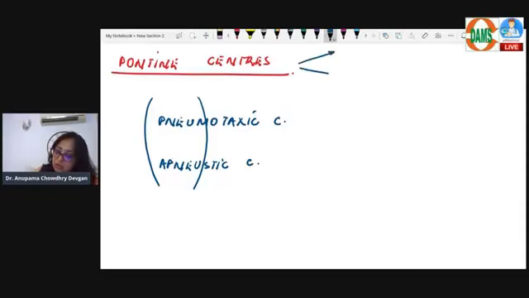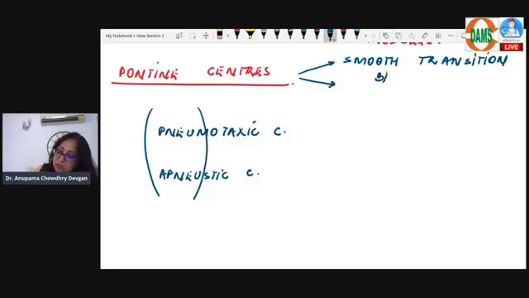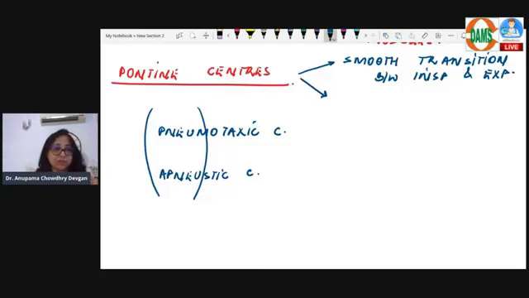Now, what is the role of the pontine centers? Number one, a smooth transition between inspiration and expiration.